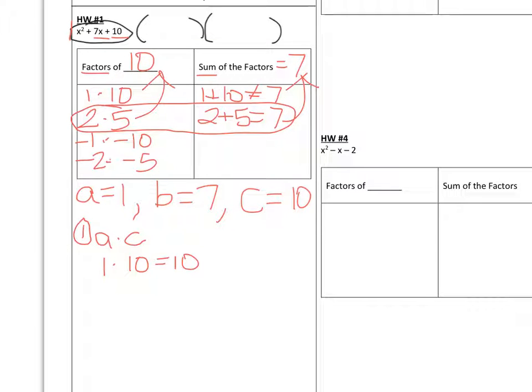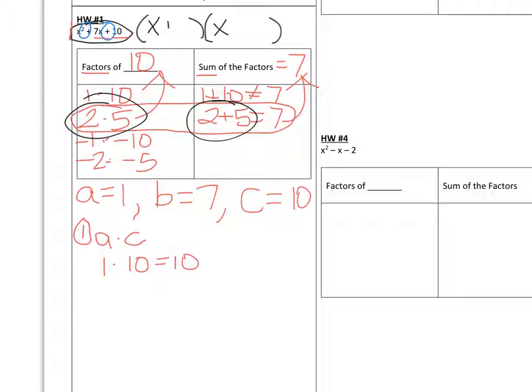And these signs are going to be really, really important, but this time they were both positive. So for the factoring of this quadratic equation, you put your x's in the front, and then you put the numbers that you found that multiply to be 10 and add to be 7 next.